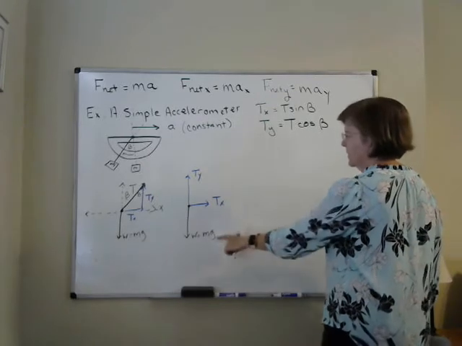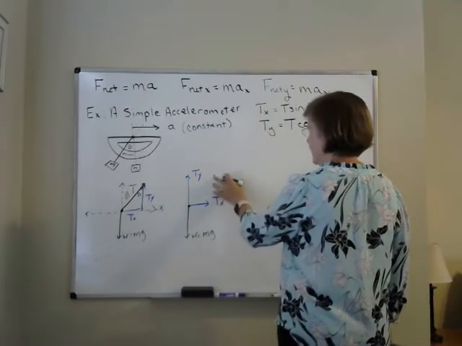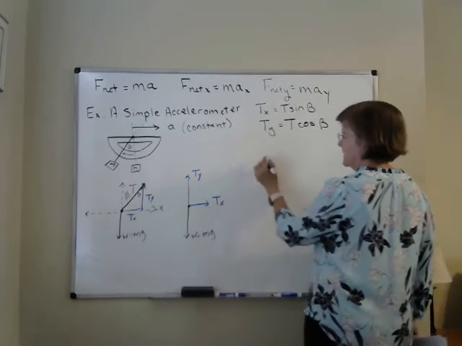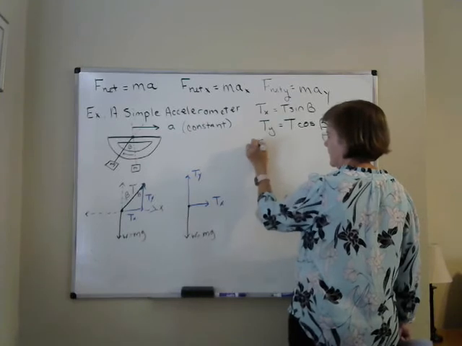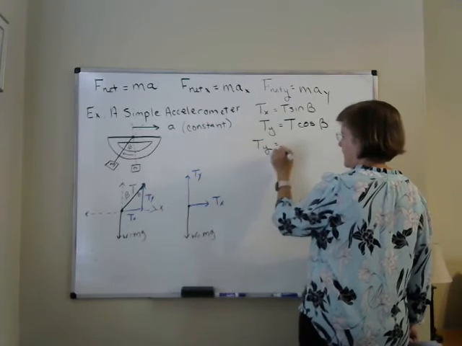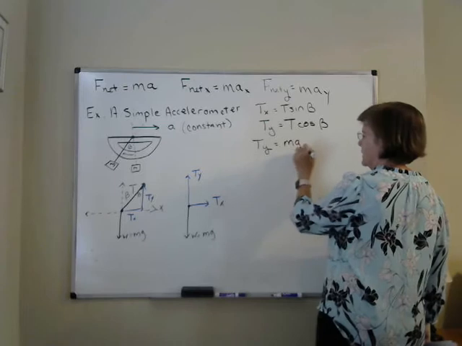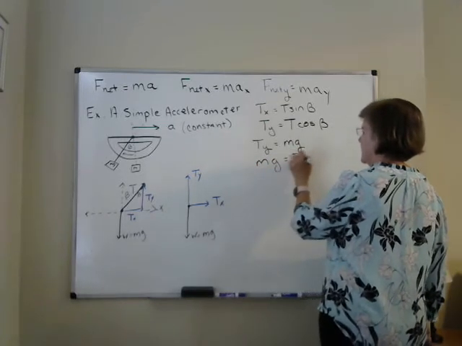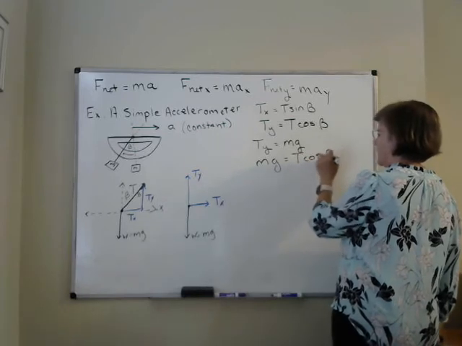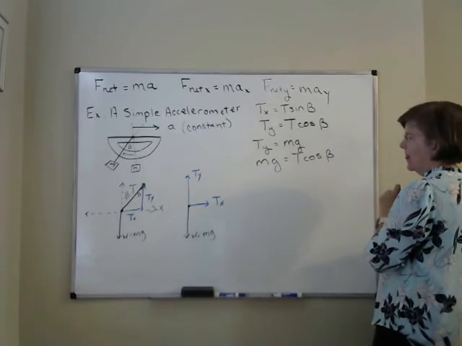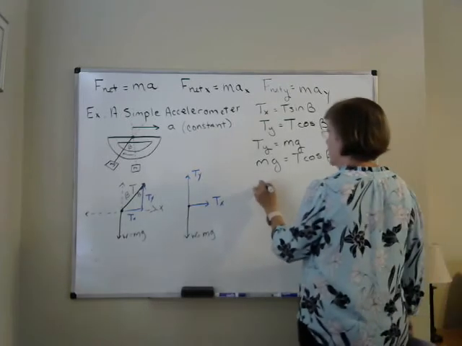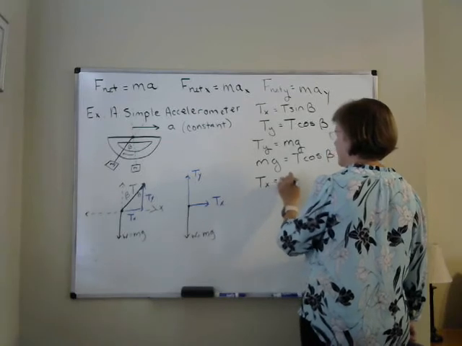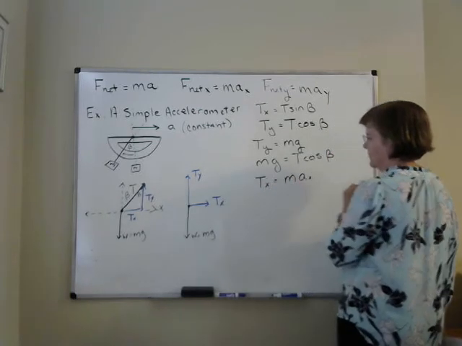I know, looking at my free body diagram, when I look at the vertical equation, that Ty has to equal mg. So now I have mg equals T cosine beta. I know that Tx has to equal mass times acceleration in the x direction.